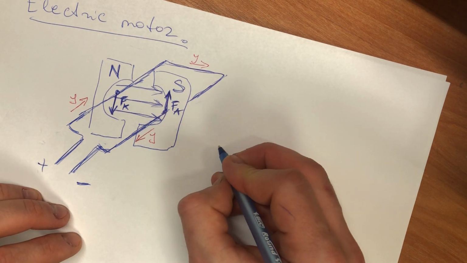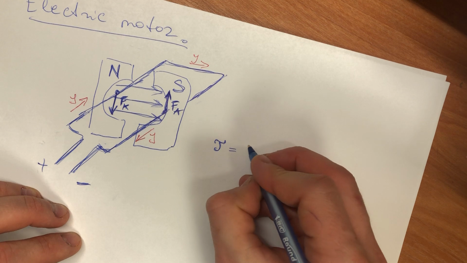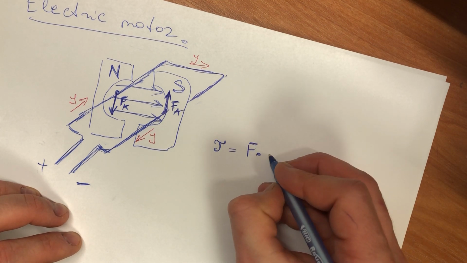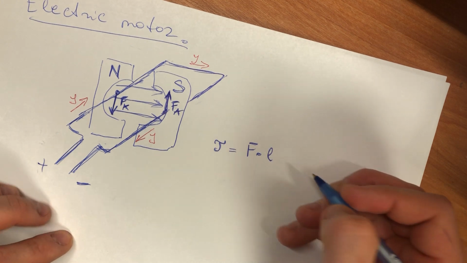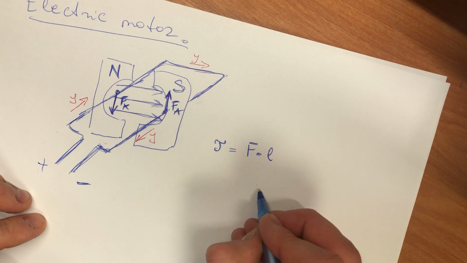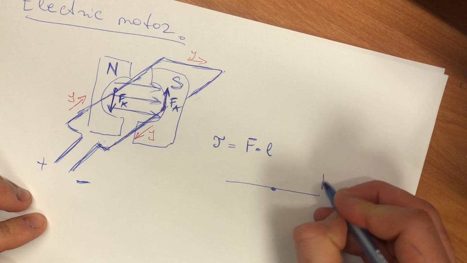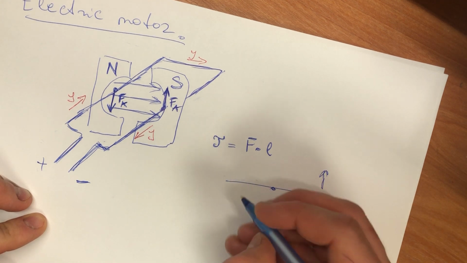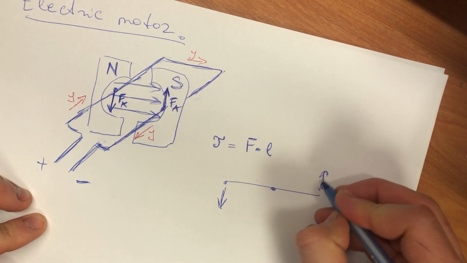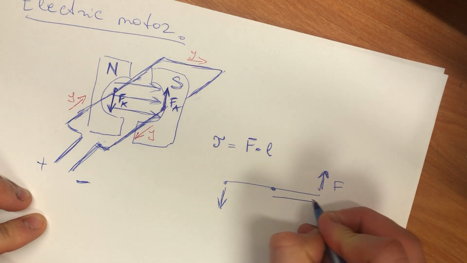As you remember, torque was force times length. If we had rotational motion, we had an axis, and one force was up, one force was down. So the torque would be this force and this length.